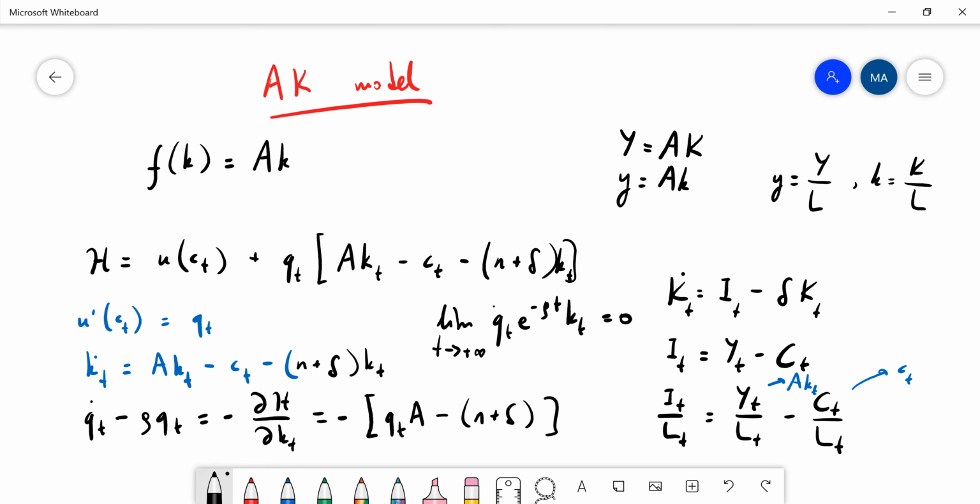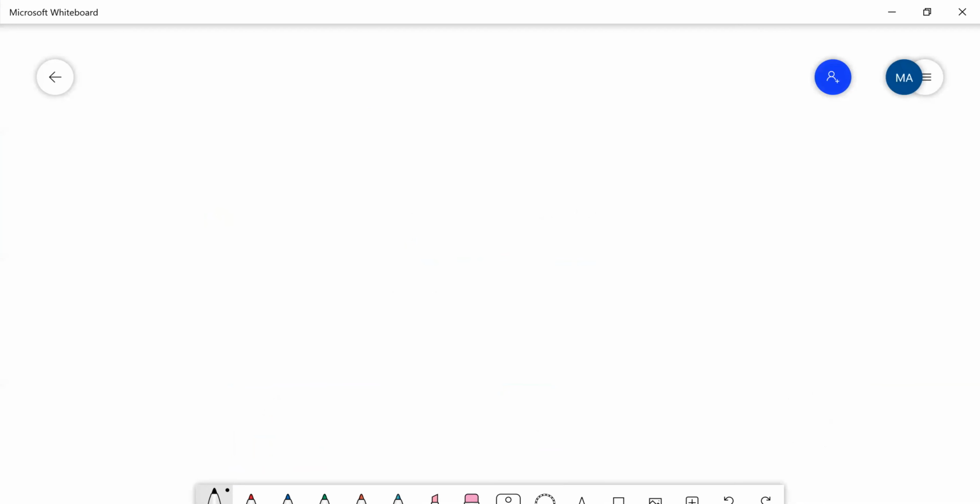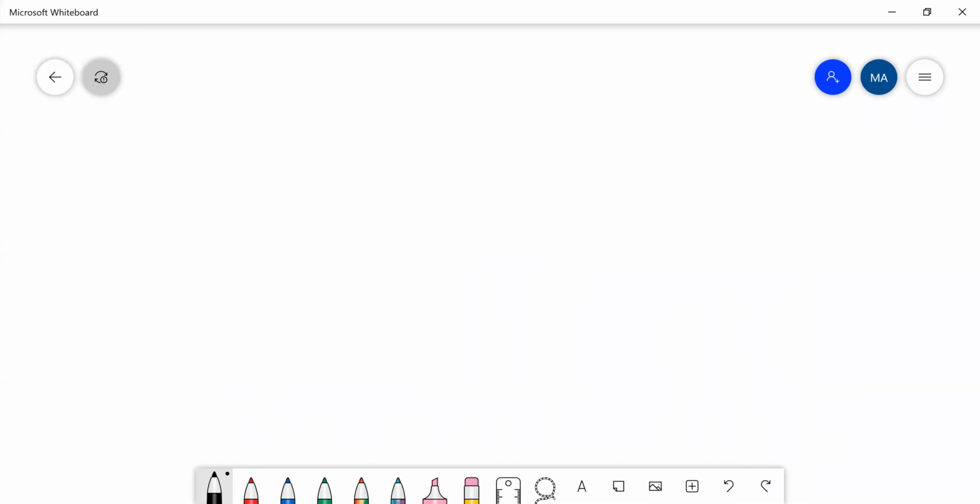All right. So to proceed, we have to assume a particular functional form for utility. Let's suppose, in the simplest case, we have logarithmic utility.